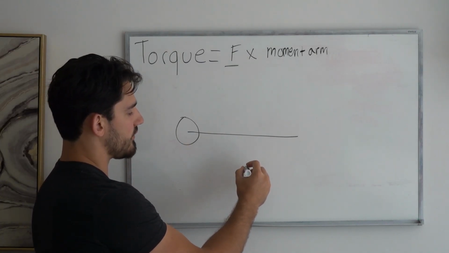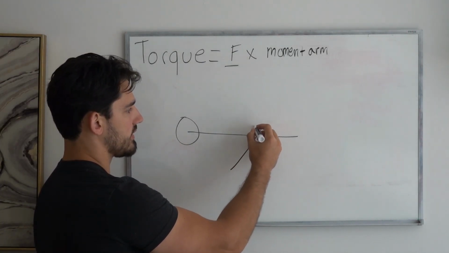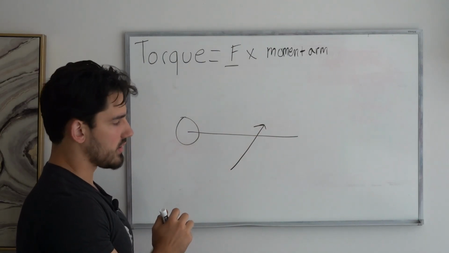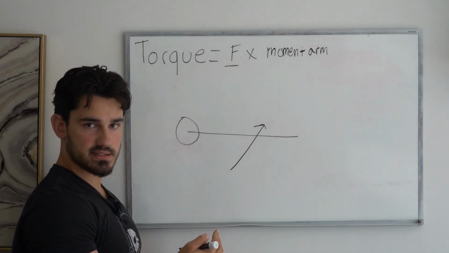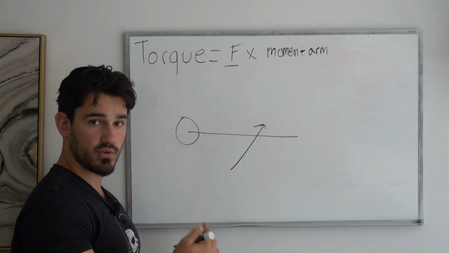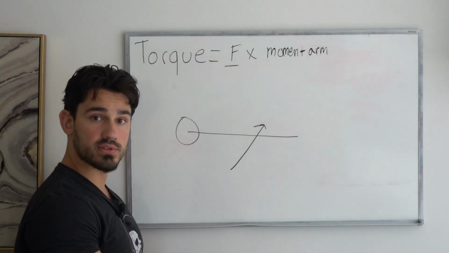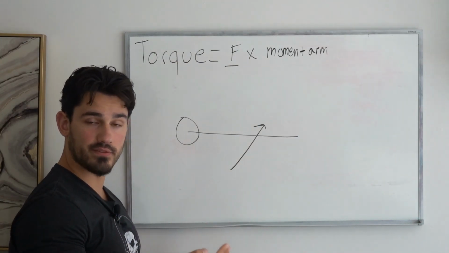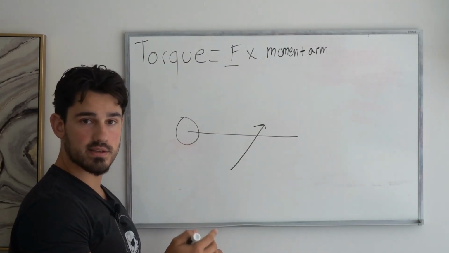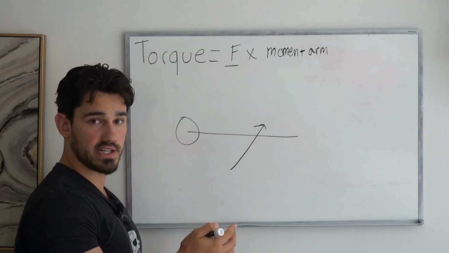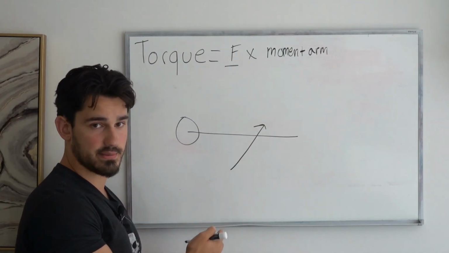And I apply a force to this board. Let's say I push on it that way. There's going to be some distance from that line of force, from that direction of force, to the axis around which that thing is rotating. The human body is made of levers and pulleys and axes and those kinds of things. So this may seem like an unrelated example, but it's directly related to the examples that we're going to talk about.